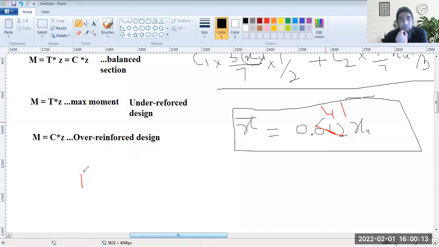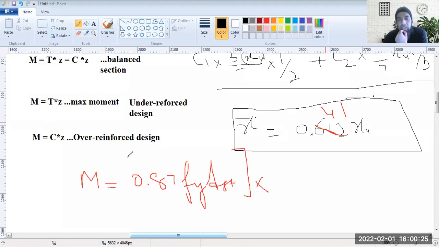So M you would be getting as 0.87 into Fy into AST, T ka value for under reinforced design, into Z ka value, that's D minus 0.41 XU.